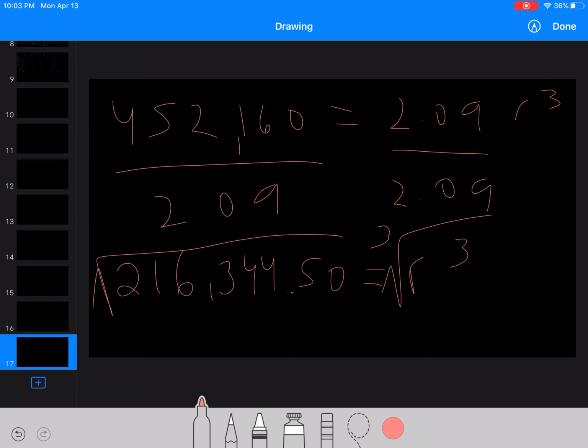Let's take that cube root here. Let me pull up my calculator and see what we get. We're going to do the cube root of 216,344.50, and we're going to calculate that.